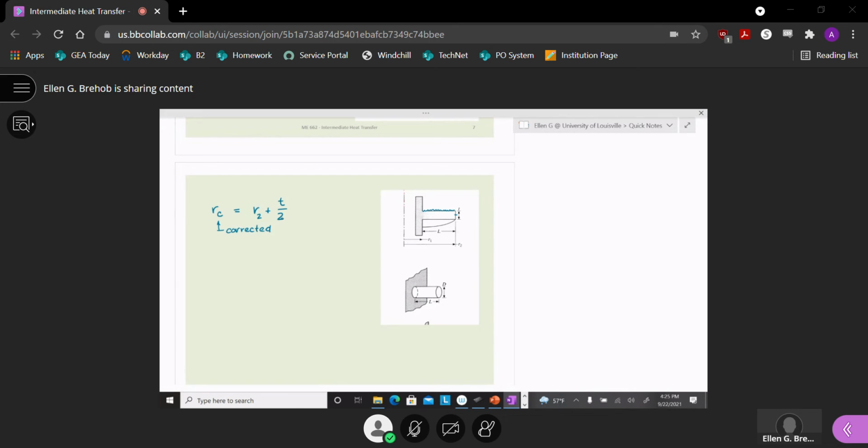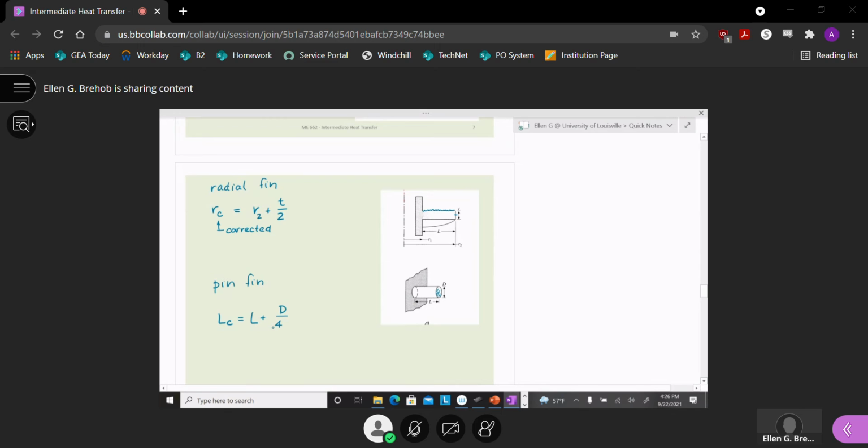All right, so this last one is a pin fin, and it has uniform cross section. So again, we could have convection off of that tip surface. And if we wanted to account for this, this goes along with the pin fin. Okay.